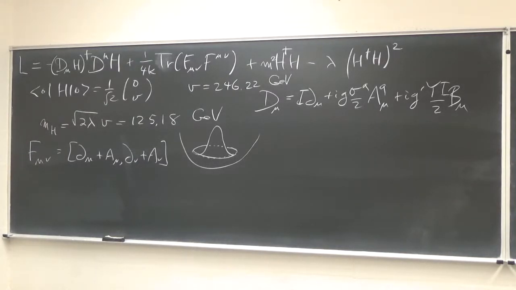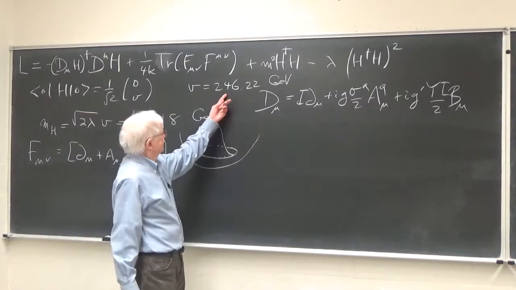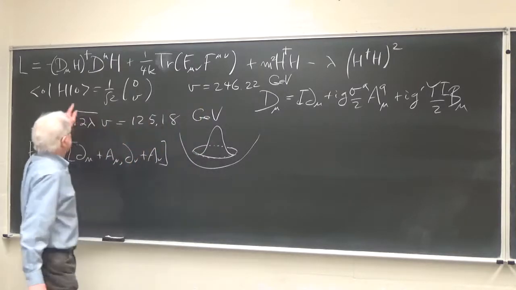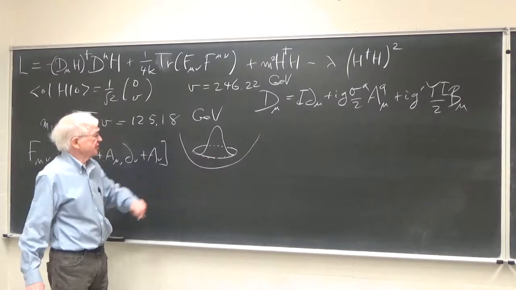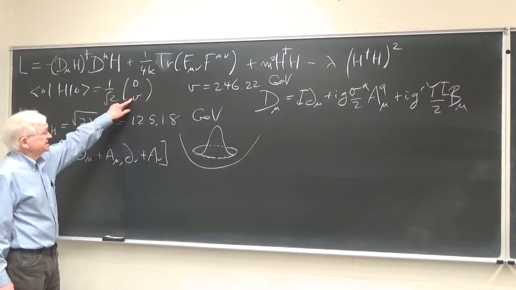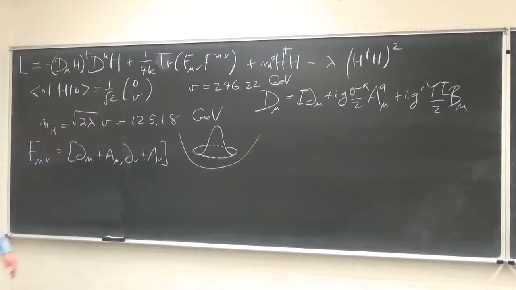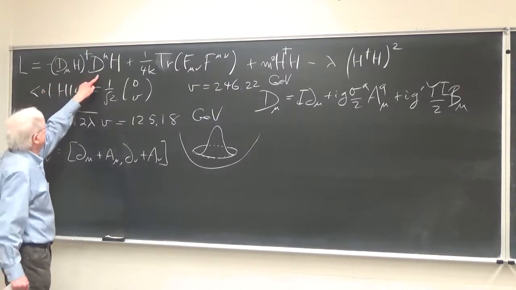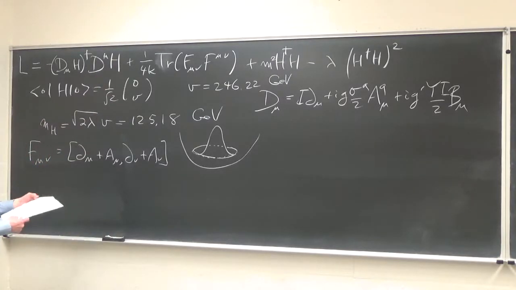And experiments have shown that this V, which is the value of the Higgs field at its minimum, you choose an arbitrary point here, is 246.22 GeV. The Higgs mass is a little over 125 GeV. And the kinetic action density gives rise to mass terms, which we wrote down last time.